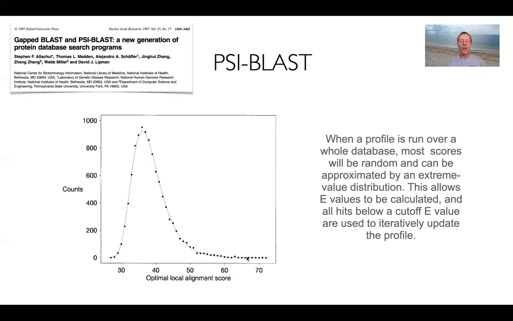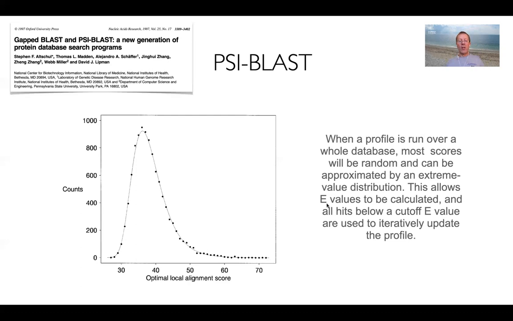So you can say anything with a score above 70, for instance, has an e-value less than 10 to the minus 4 or 10 to the minus 3. That is to say, the probability to find a sequence when you search a random database is less than 1 in 1,000, for instance. So here you can set an e-value, and you say that I will only include new hits if they have e-values less than 10 to the minus 3.